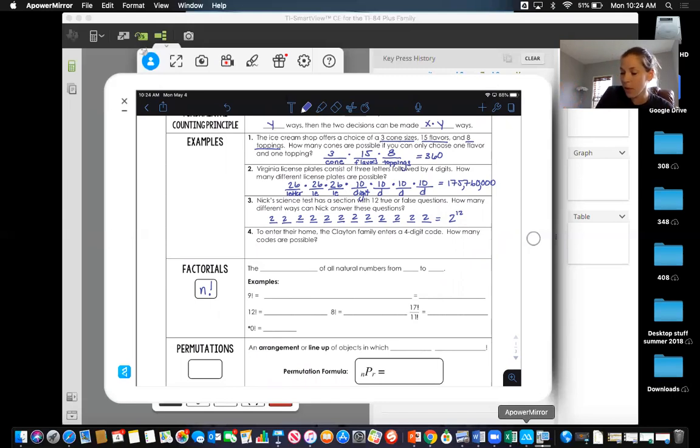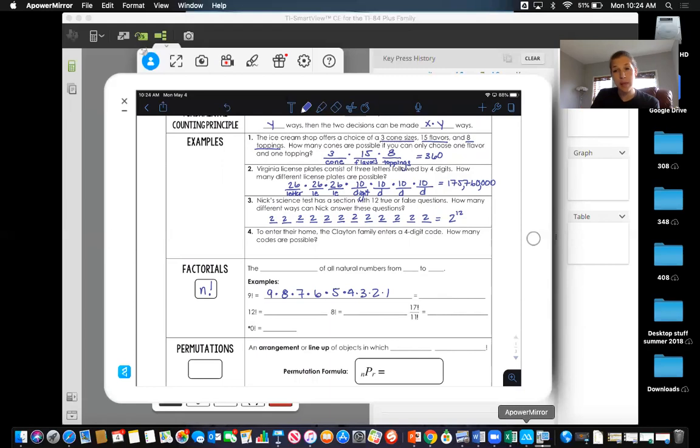This would mean that we would start with 9 and we would multiply by all of the numbers below it, through 1. Now, some places will say through 0, but I think it's been easier to just tell you guys go through 1. So we would do all of this multiplication, okay?